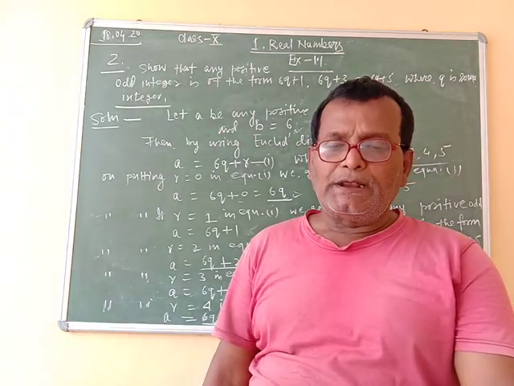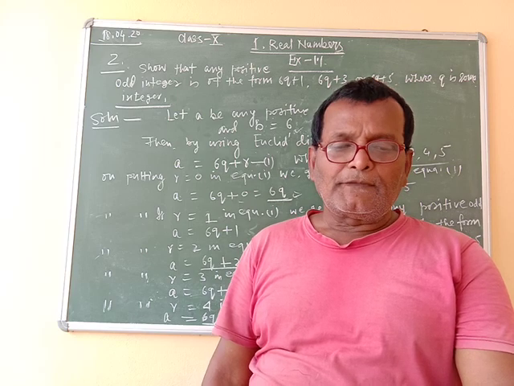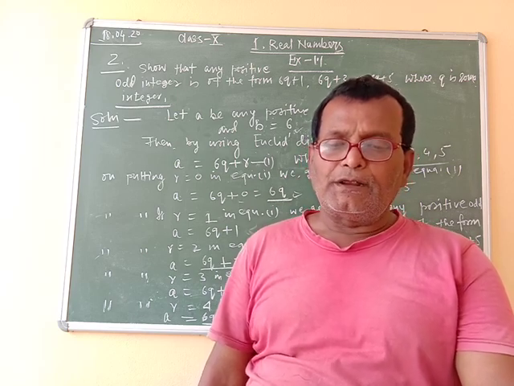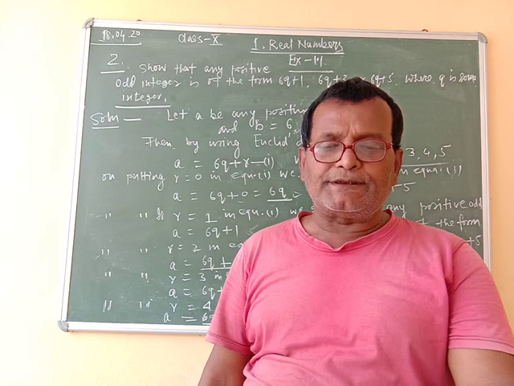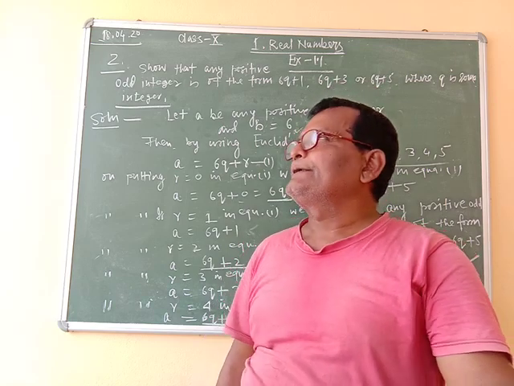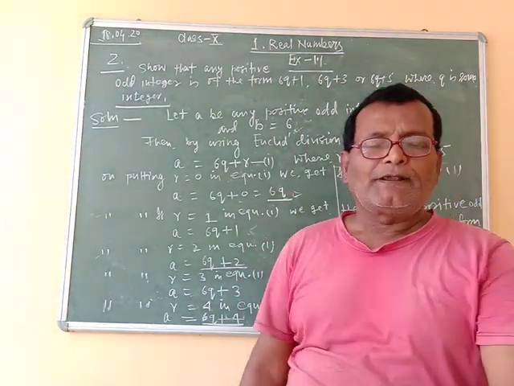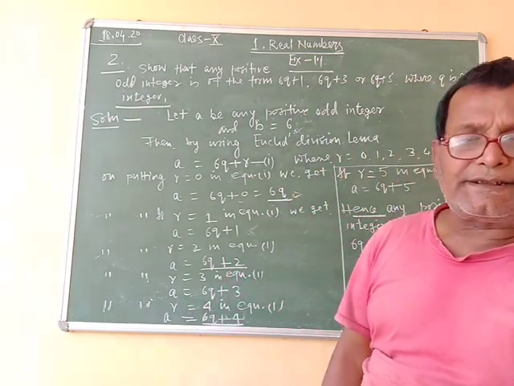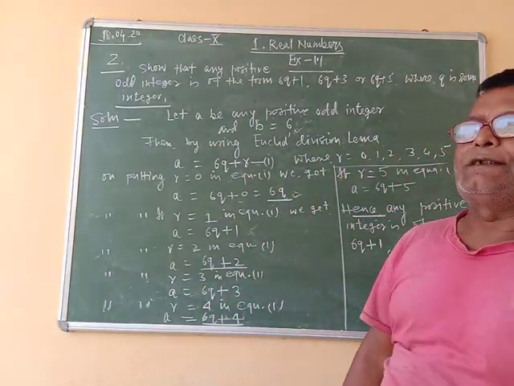The two groups are to march in the same number of columns. What is the maximum number of columns in which they can march? This is your question number 2 of exercise 1.1.